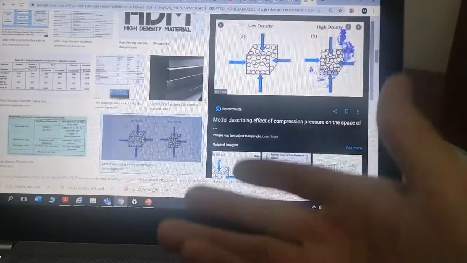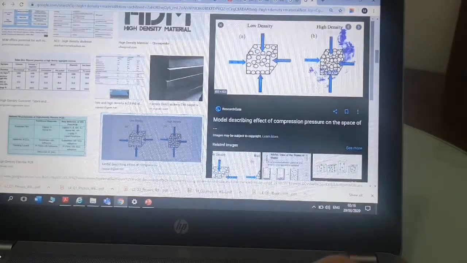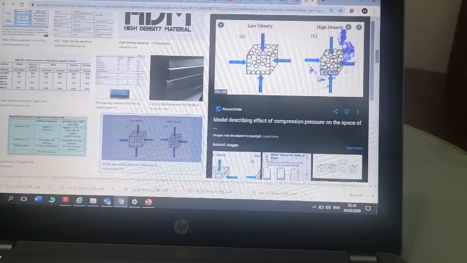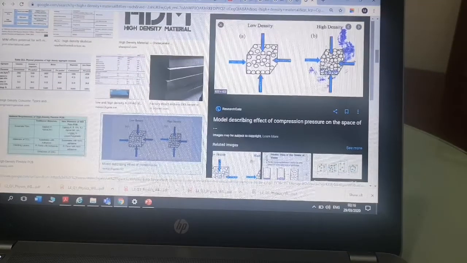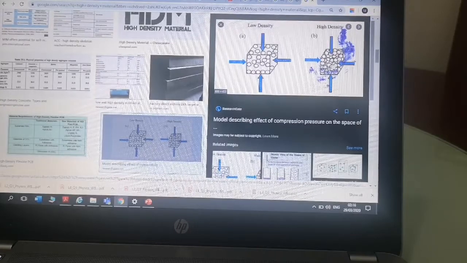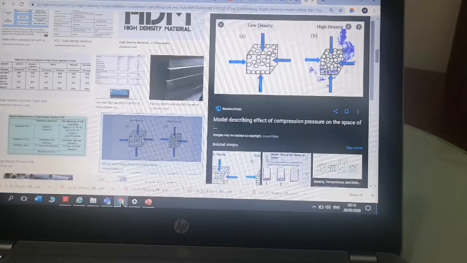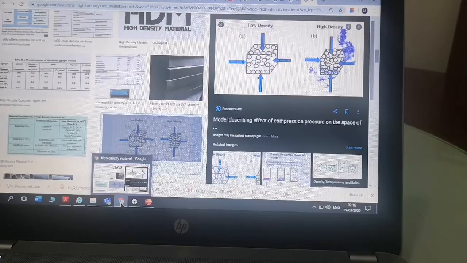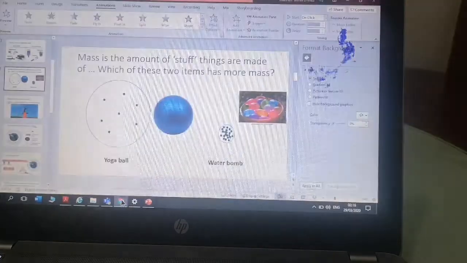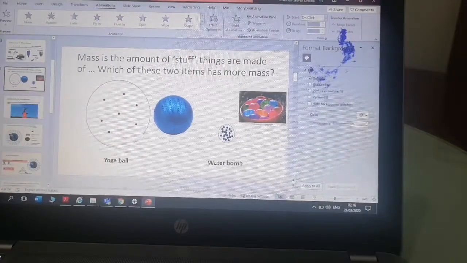That's why it feels heavy, because higher density usually leads to higher mass. So with high density, the particles are squashed close together. With low density, they are more spaced out. There's a bigger gap between them. The link between mass, volume and density will be made clear, I think, in the next lessons.